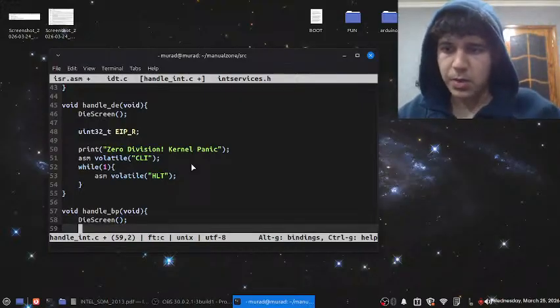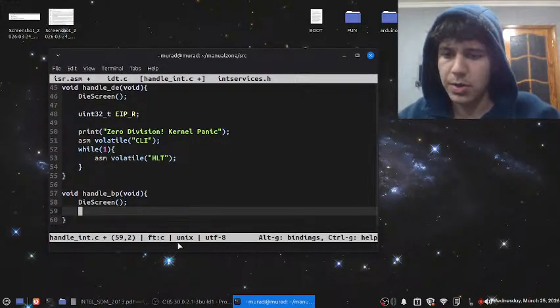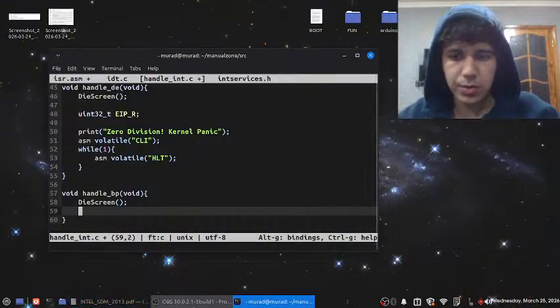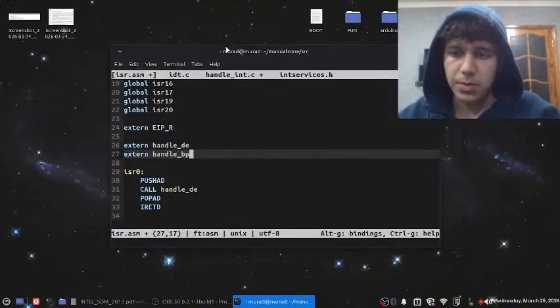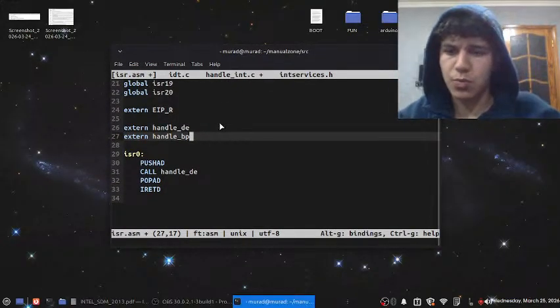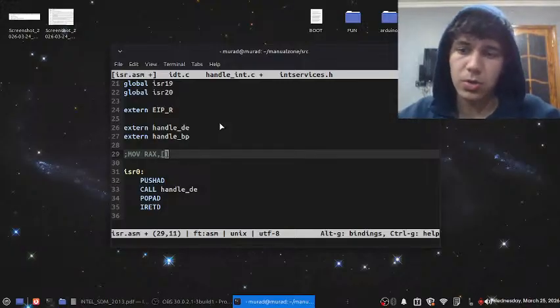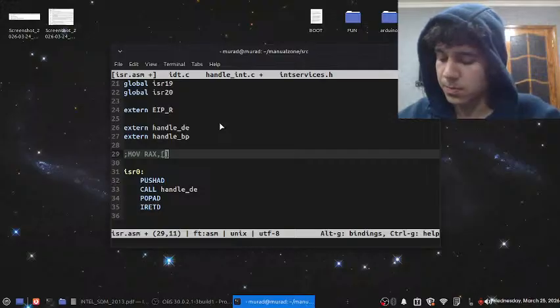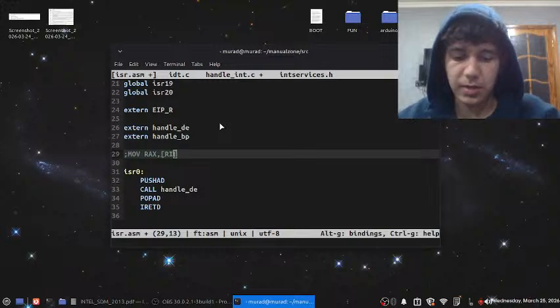There is a good thing in x86-64. You can reach the instruction pointer by just writing code like this. This is called RIP relative address, instruction pointer relative address.